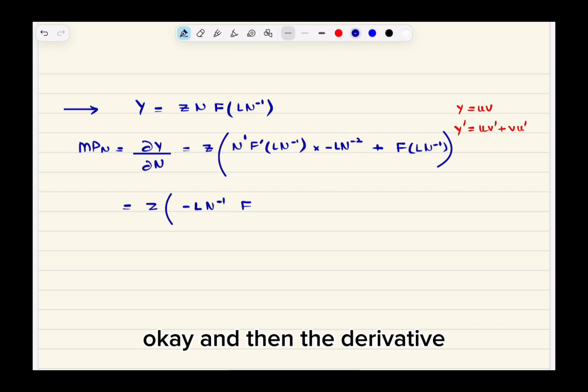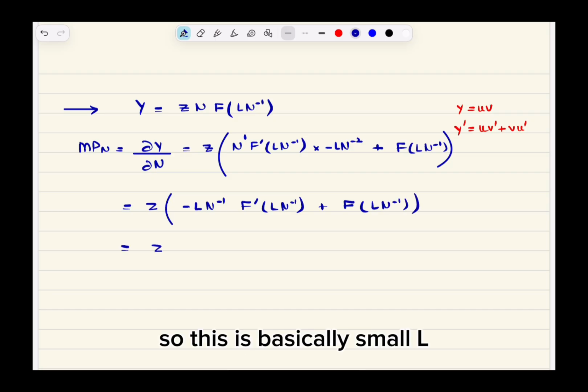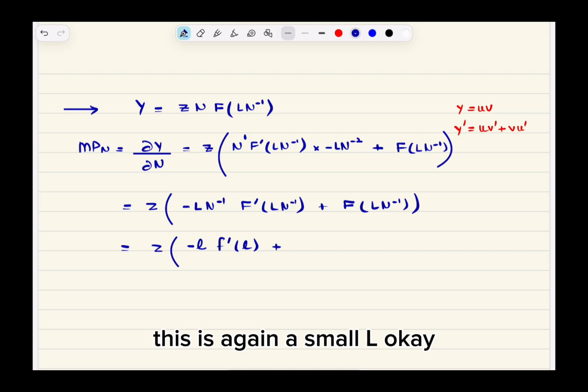Then plus f of L N to the power minus 1. So this is basically small l. This is the derivative, this is a small l, and this is again a small l.